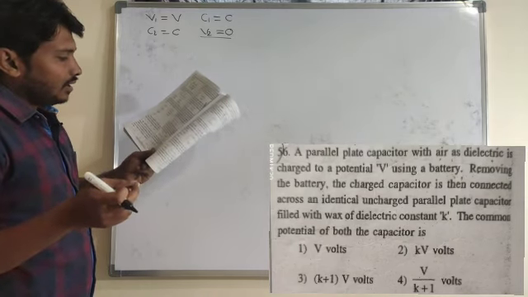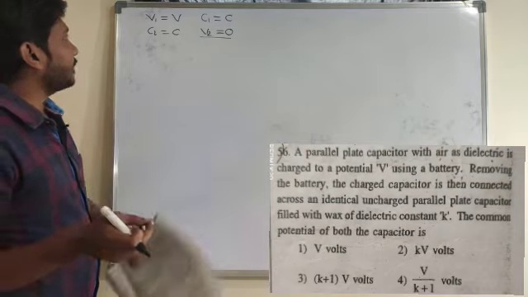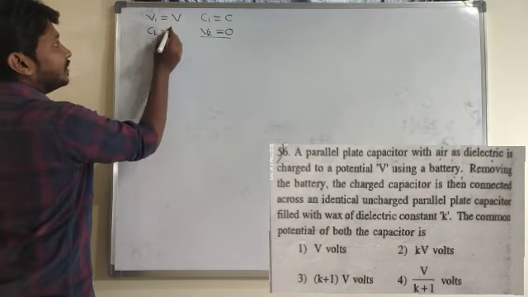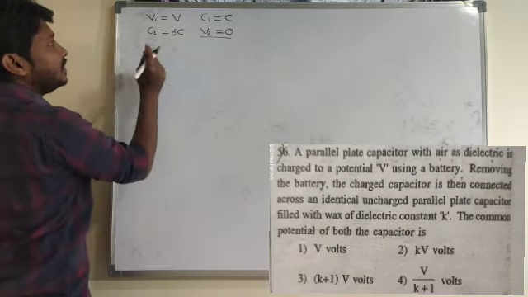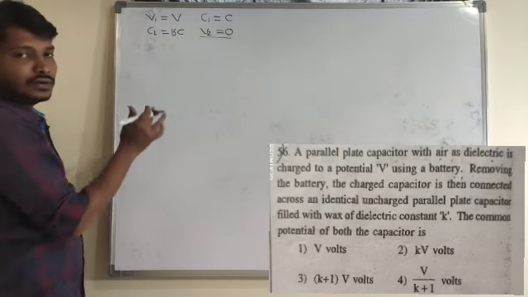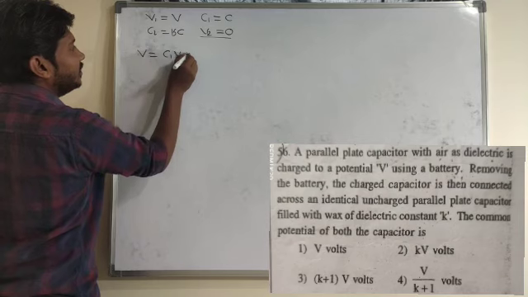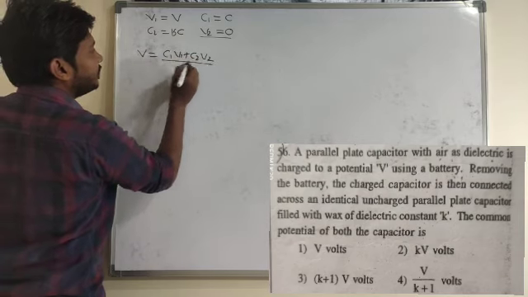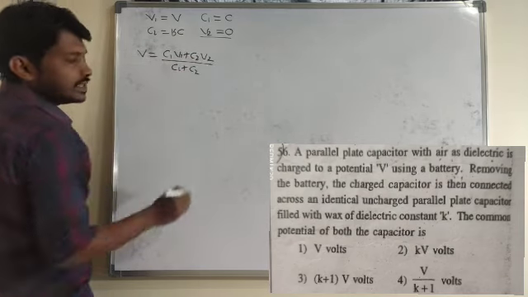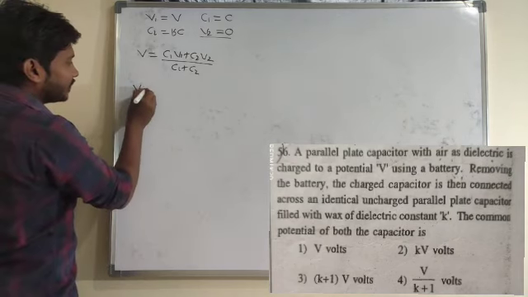Then the common potential of both capacitors: the dielectric constant K is introduced, so C2 is equal to K into C. The common potential is (C1 V1 plus C2 V2) divided by (C1 plus C2).